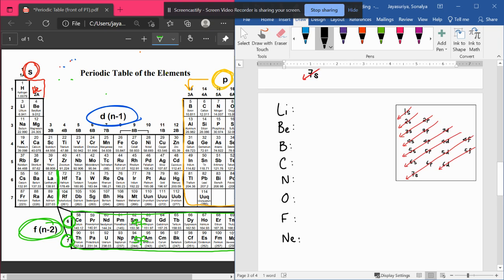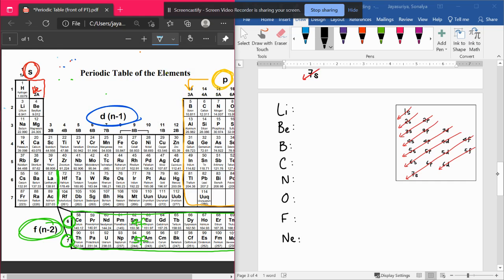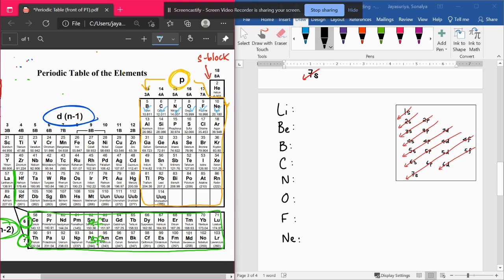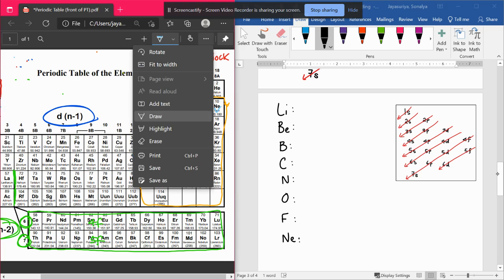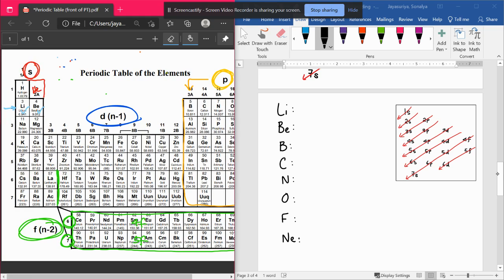So I have, going from left to right, starting with lithium in the second period: lithium, beryllium, then boron, carbon, nitrogen, oxygen, fluorine, and then the last one is neon. Okay, so I've written all of them out so that we can do the electron configurations for all of them. These are all my second period, second row elements.